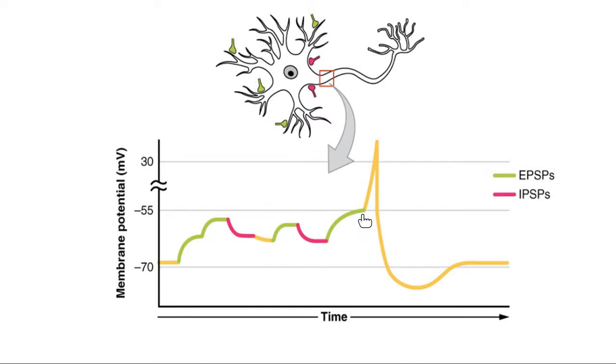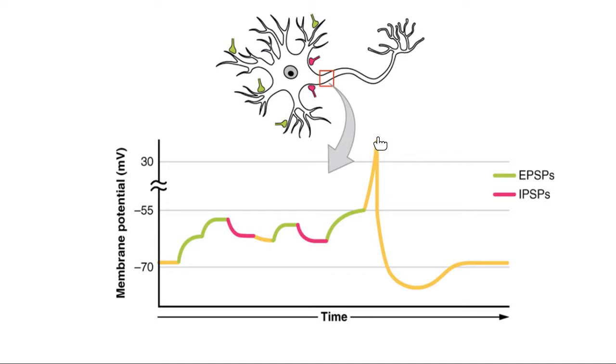This is like the end of the road for a neuron. If I hit negative 55, remember that my voltage gated sodium channels open up. And when they open up, there's none of this back and forth business where we go up and down. When voltage gated sodium channels open, we're going straight up to positive 30.